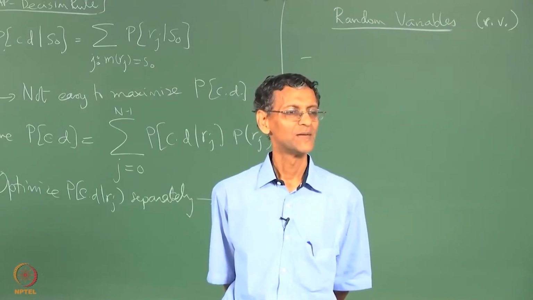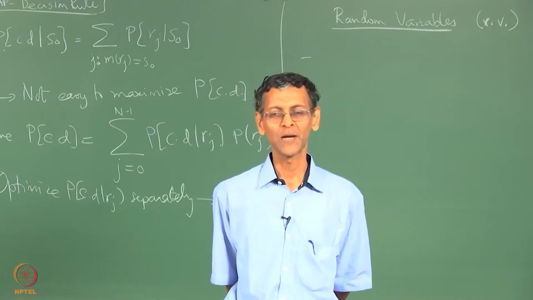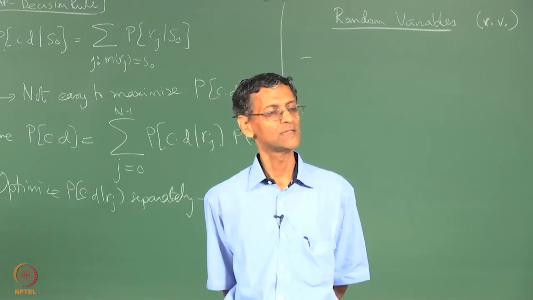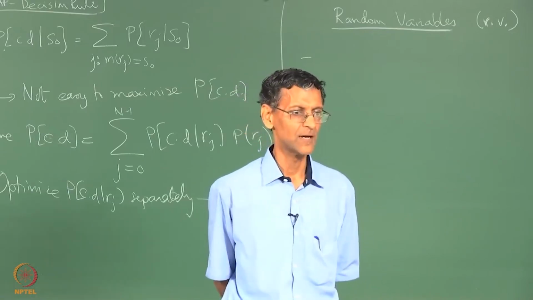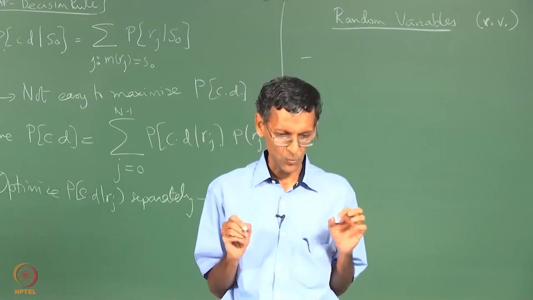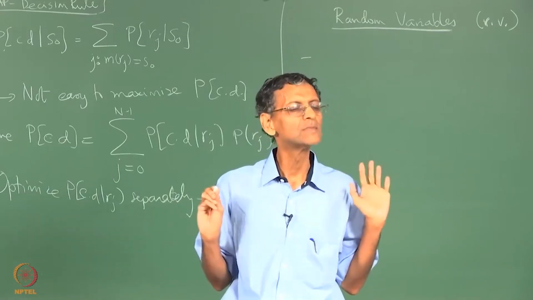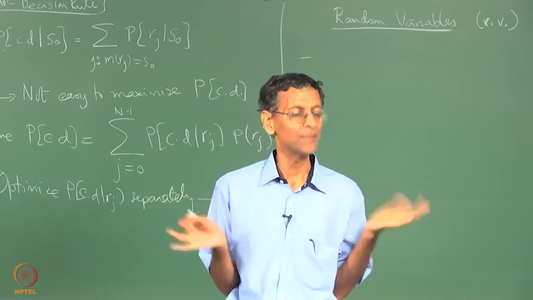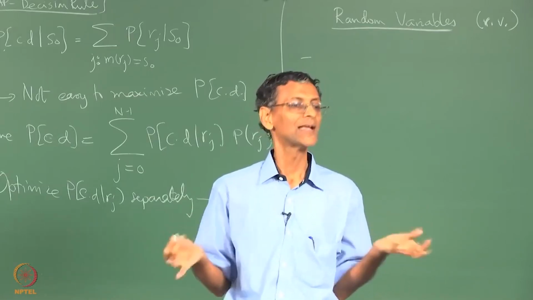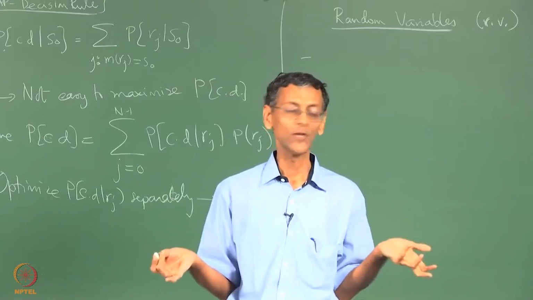Outcome of a random experiment. Okay, instead of saying outcome, we will say output, because outcome can be any of the omega i points, which are more general than just a number. So with the term outcome we reserve what we see in the random experiment, which need not be a number, but the numerical output which is somehow measured, and there can be more than one numerical output also.